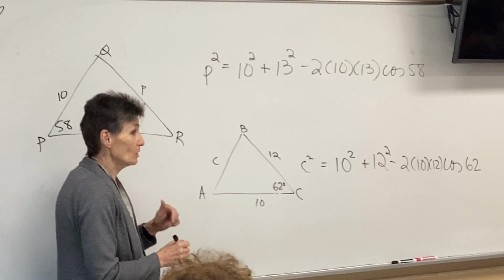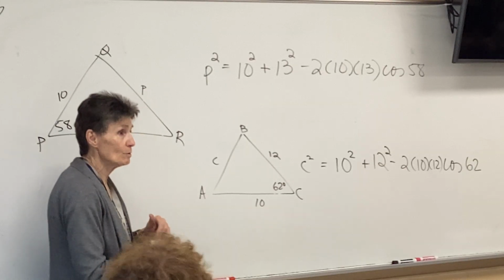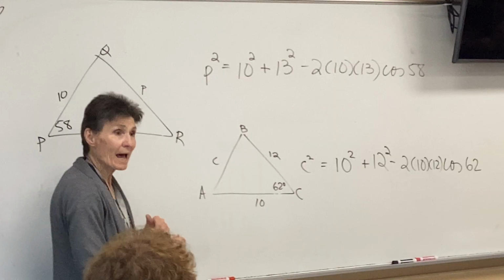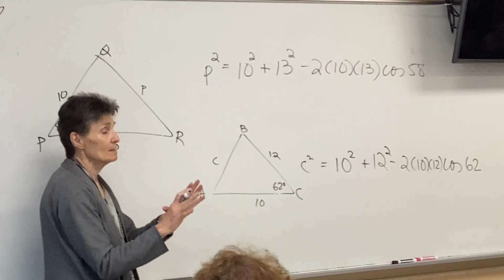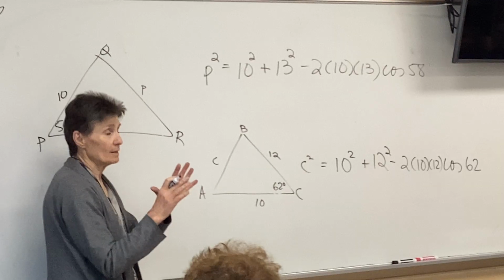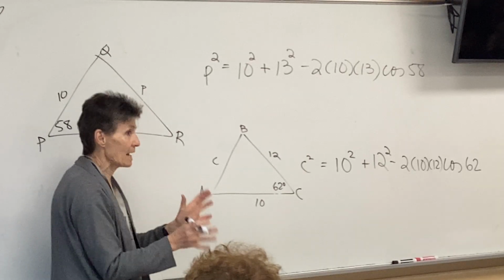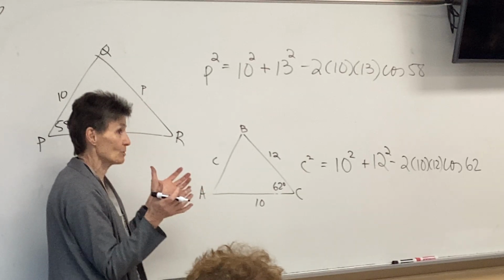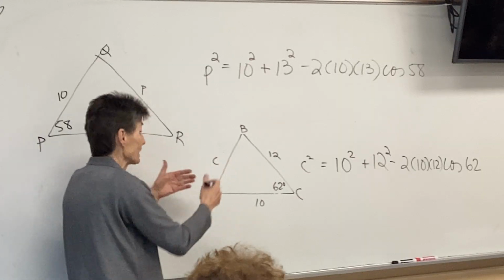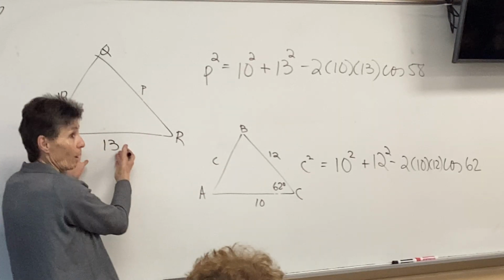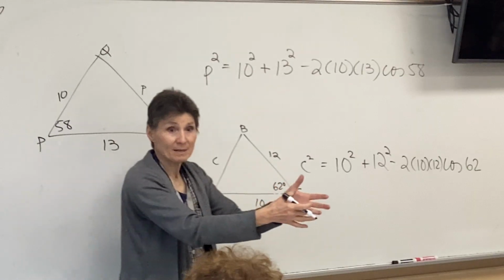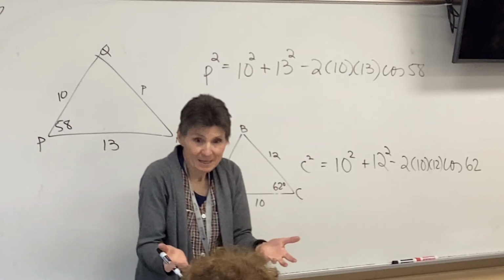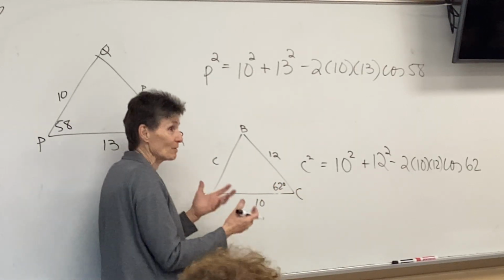I'm going to write the law of cosines down for you so that you can add it to your reference sheet if you want. But the problem is, the letters aren't always going to be the same, so I'm just going to make up some letters. You'll have to figure out, like this one's PQR, this one's ABC, the next one might be LKF, you know what I mean? So you're going to have to figure that pattern out.